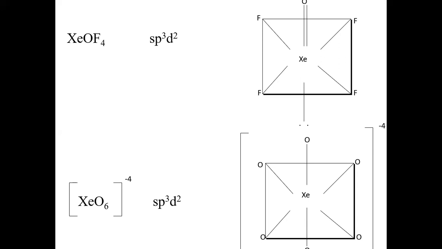Inert gases or noble gases such as argon, krypton, xenon all form a number of compounds. The gases are trapped in the cavities of the crystal structure of organic or inorganic compounds.